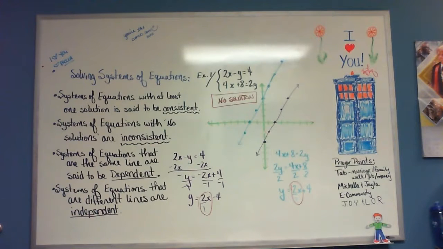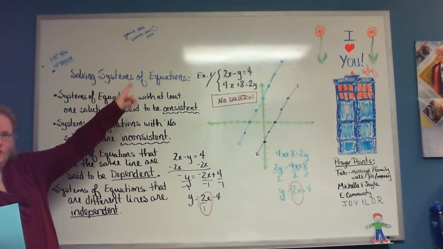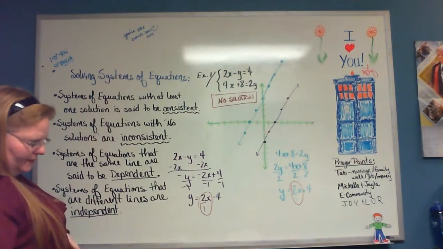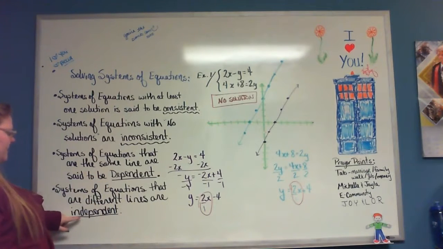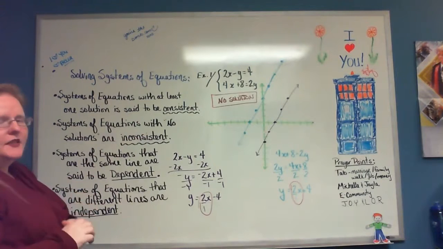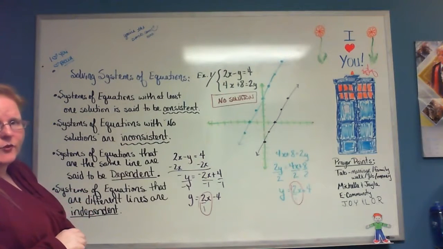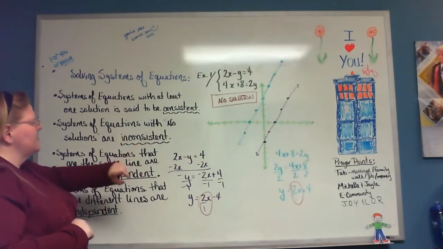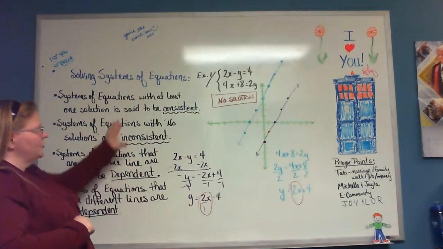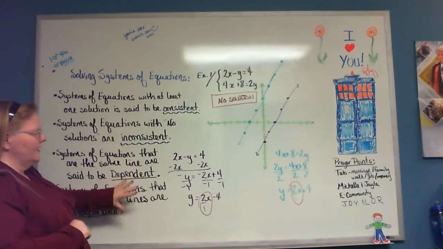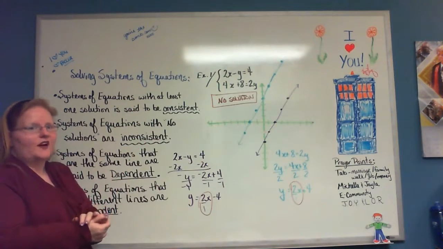Systems of equations that are the exact same line, like if both of those were the same line, would be called dependent, and systems of equations that have different lines are independent. This is an independent system of equations. This is also inconsistent because you get to choose from up here and down here every single time.